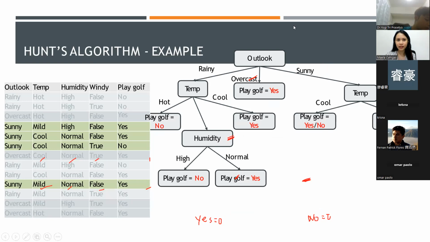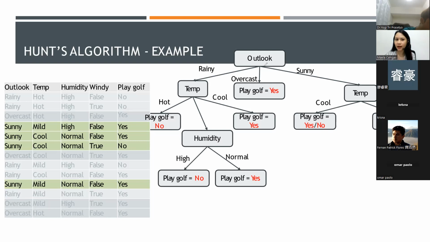And let's say for the third node. A while ago we mentioned that we don't need to branch out this one, the overcast, so we'll just leave it out. But how about for the sunny? Since we have three different outlooks, rainy, overcast, and sunny, we also have the continuous sunny.